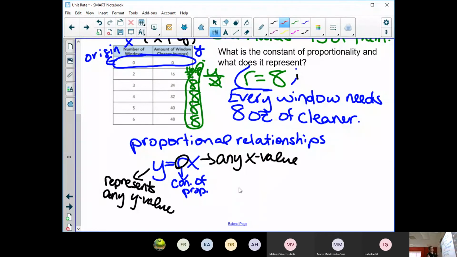So if I wanted to write the equation for this table, the number of windows and the amount of cleaner, I would write y equals, instead of writing R, I'm going to write 8 because that is the number that I found is our rate, x. So the equation for this table is y equals 8x. Does that make sense?